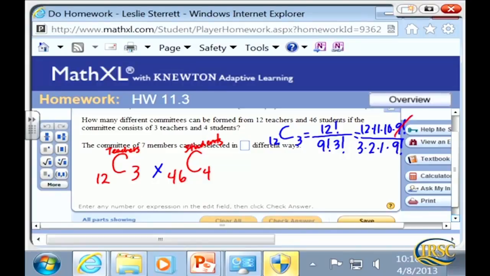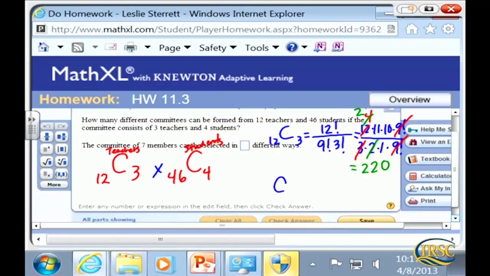Okay, so the 9 factorials cancel. 3 goes into 12 4 times. And then 2 goes into 10. I actually like to leave my 10 in there because it's really easy to multiply by 10. I would choose to do 2 into 4 again 2 times. But that's your preference. It doesn't matter. But 2 times 11 is 22 times 10 is 220.